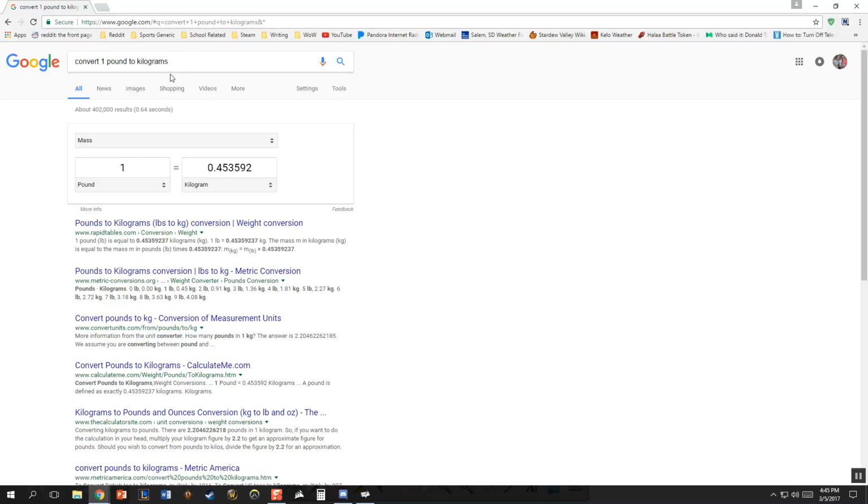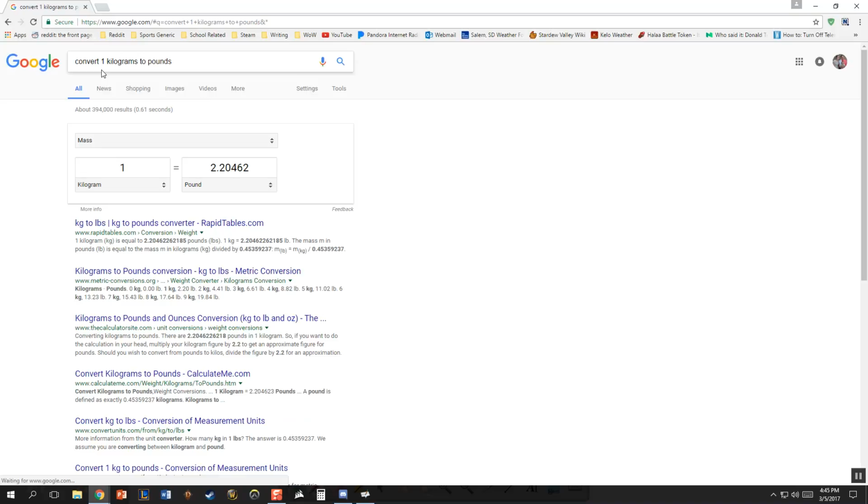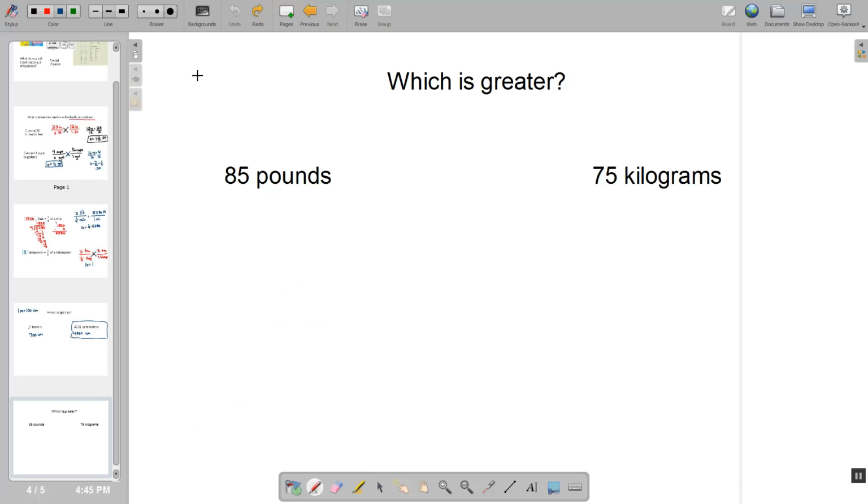So I'm going to flip this around and see if it gives me a cleaner decimal. I'm going to say that 1 kilogram is pretty close to 2 2/10 pounds. So I'm going to write that down: 1 kilogram is equivalent to 2 2/10 pounds, or at least really close to it.